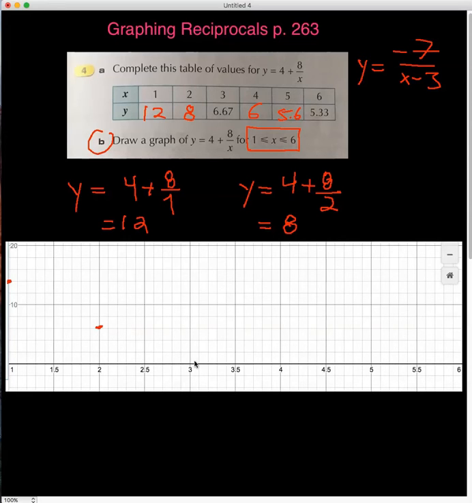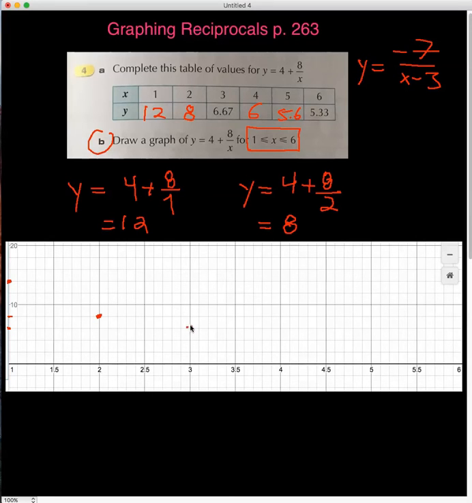Another one is 3 and 6.67. So do I have 2, 4, 6, 8, 10? Oh, I drew that. This is 8 here. So that's 8, and this is 6. So we are at 3 and 6.67.